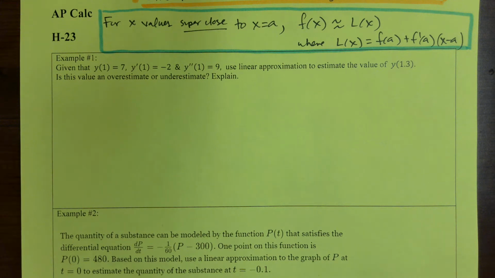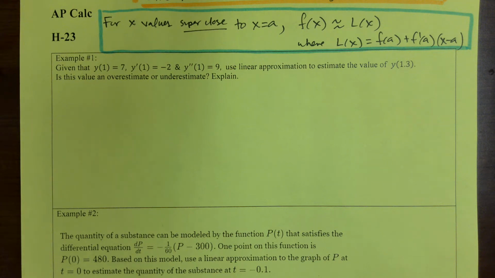They're giving us the y value, the y prime value, and the y double prime value at 1, and asking us to estimate y of 1.3. Since 1.3 is close to 1, we could use the tangent line equation at 1 to estimate the function value at 1.3.